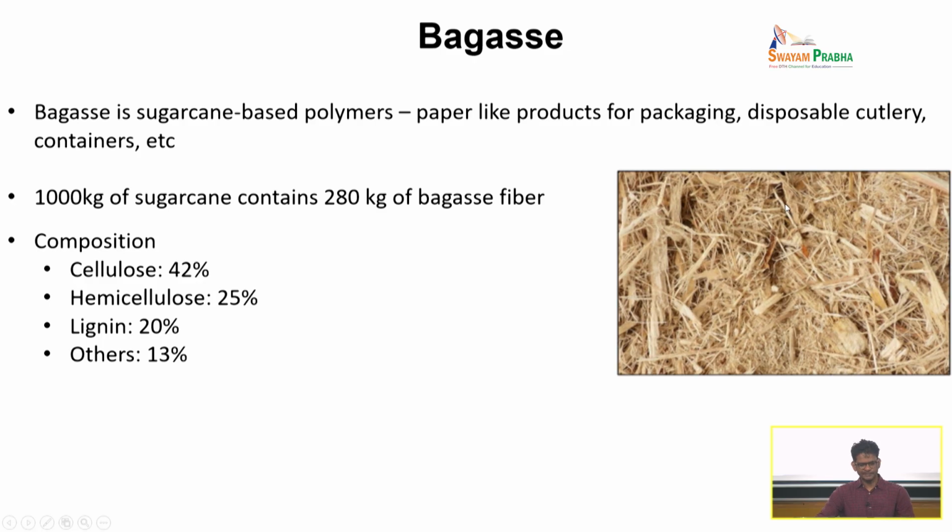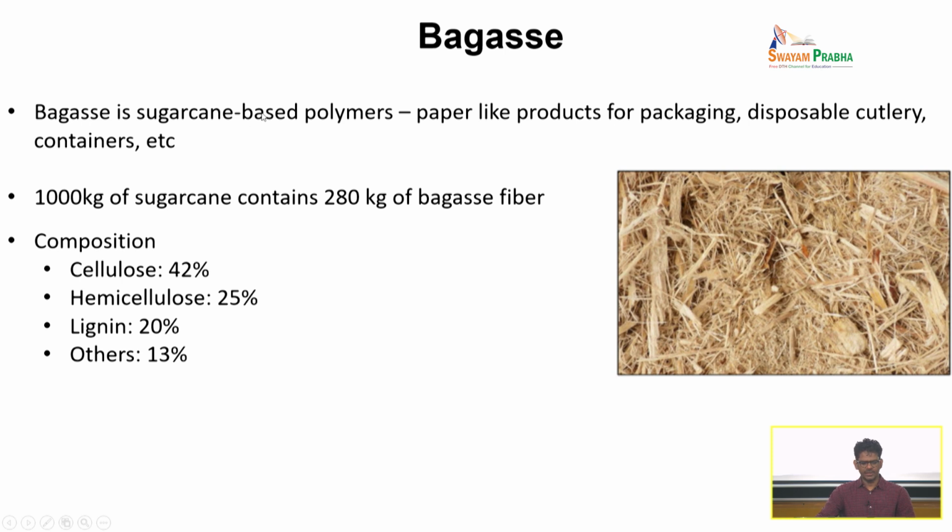There is a small pressing machine in which they feed the sugarcane and then you get the juice out of it. What is remaining after the juice extraction is a set of fiber which we call bagasse. So you see this kind of natural material.